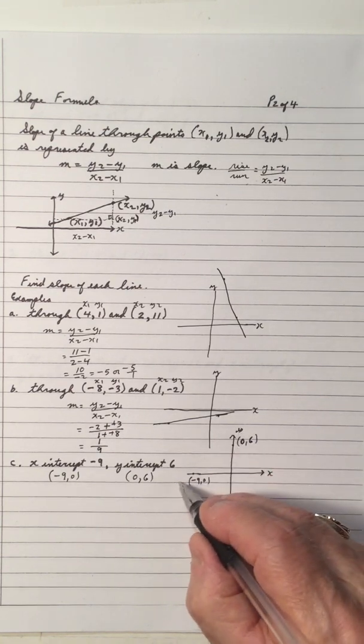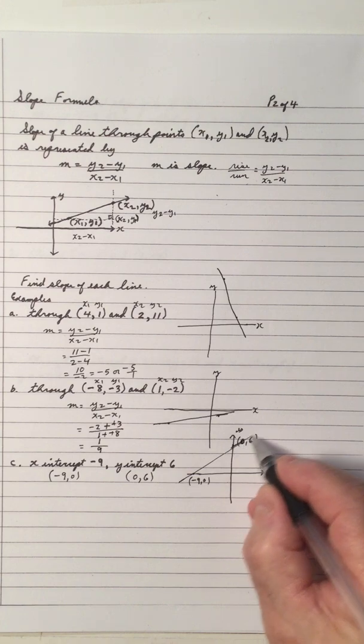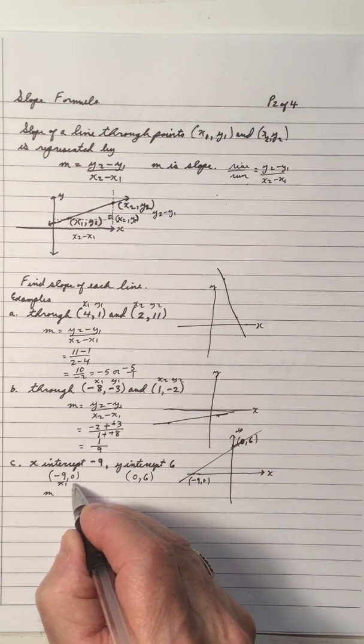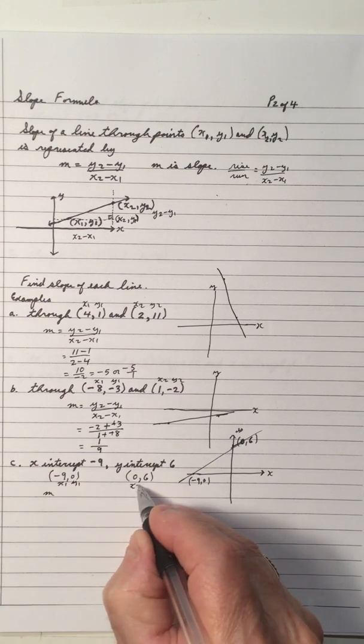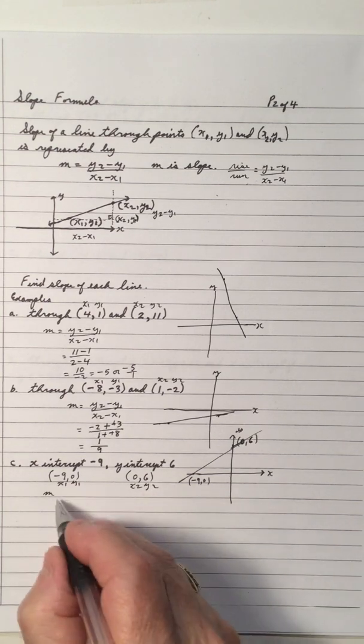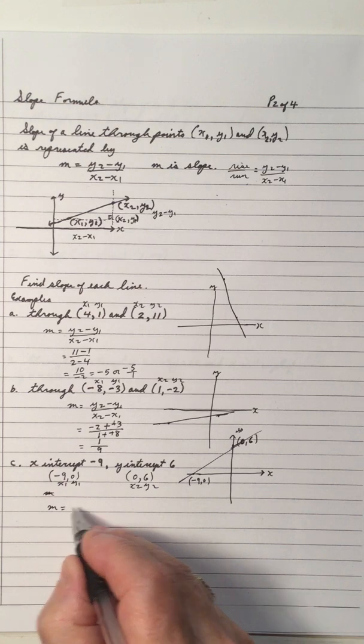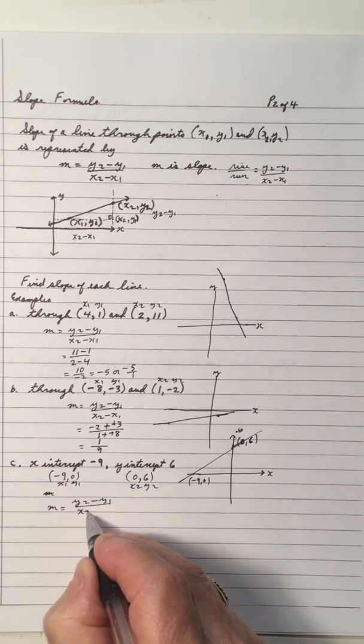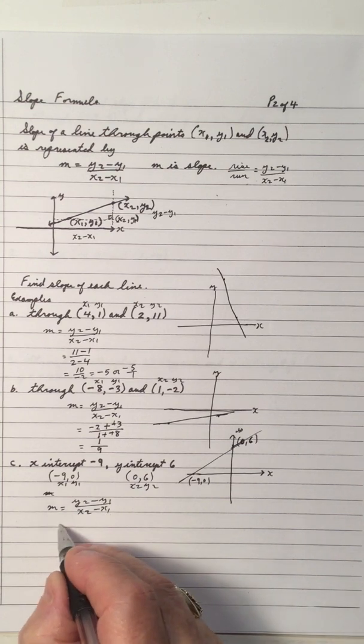And so the slope of that line is calculated. This is x1, y1, x2, y2. So let's do slope is y2 minus y1 over x2 minus x1.